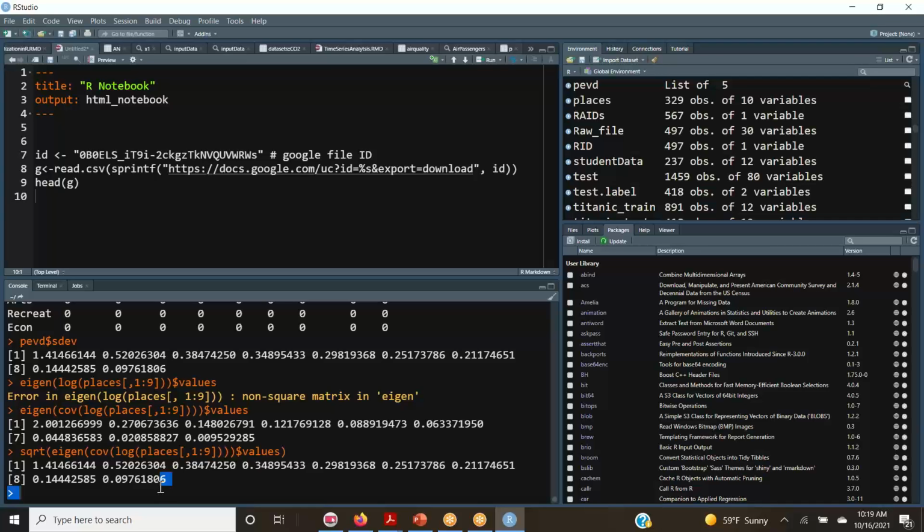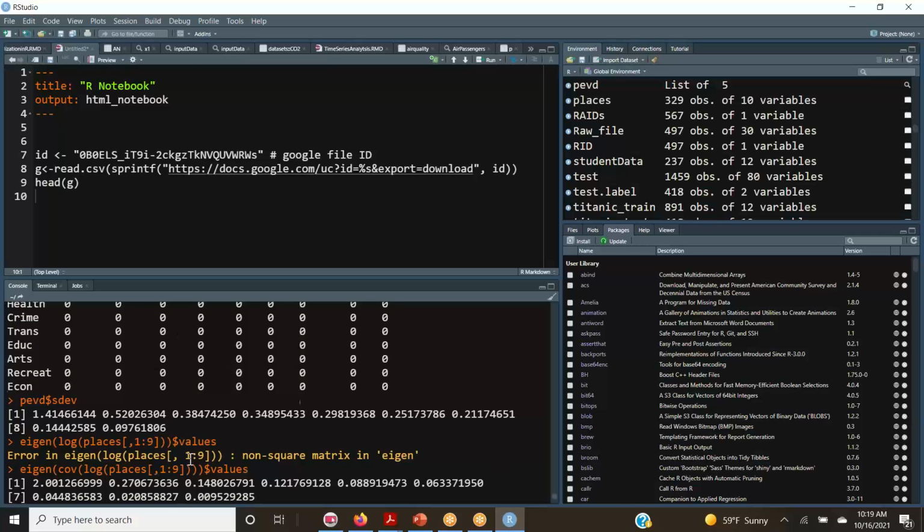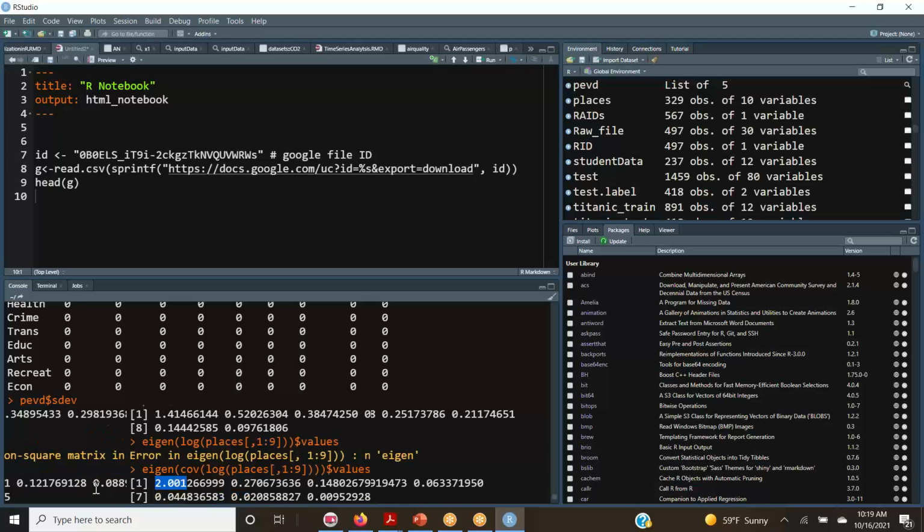Yes, sir. The last eigenvalue refers to the standard deviation of the last dimension. The last two refer to the last two dimensions and so on. This refers to the top dimension.